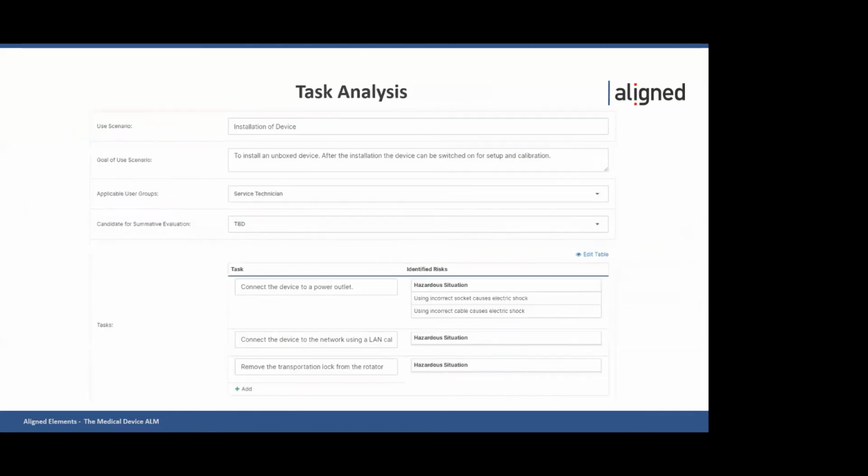I mean, we need to do the use scenarios, we need to do the task analysis based on IEC 62366. And now we also leverage this task analysis in our risk management process.